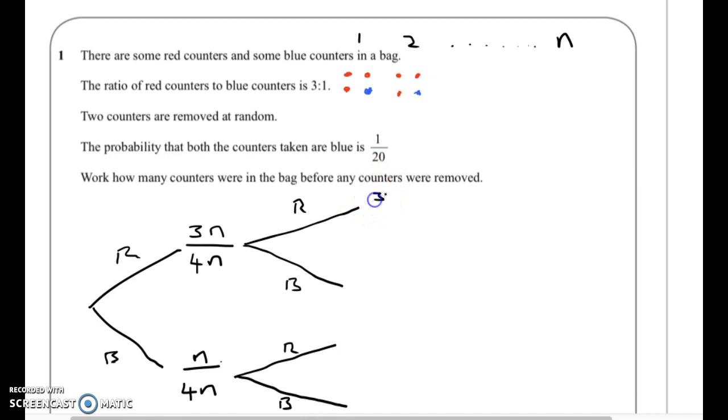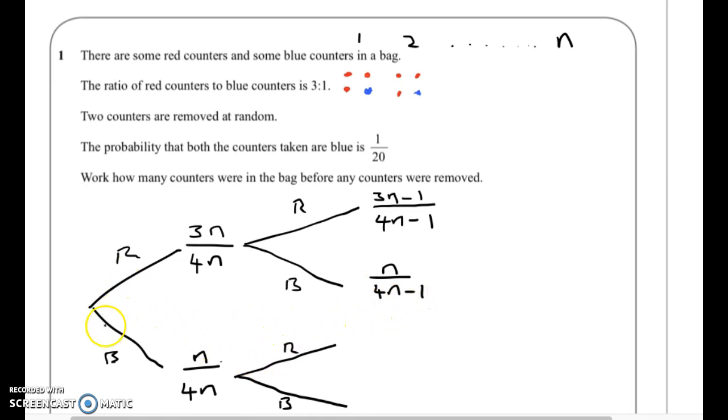There were 3n before, so if we've already picked one, it's going to be 1 less. So it's 3n minus 1 over 4n minus 1, because there's 1 less in total. But if we pick a red, and then we pick a blue, the probability is still going to be n, because we haven't picked a blue yet. There's still n blues left. So we say n over 4n minus 1.